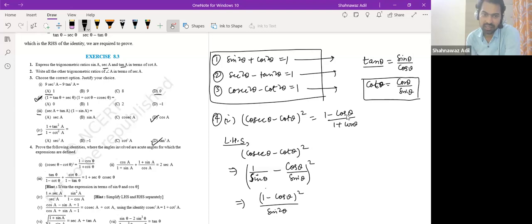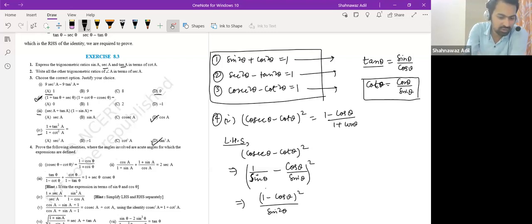Fractions, but what is the trigonometric function that we have in the right hand side? Only cos theta, right? But in the left hand side, we have this cos theta and this sine square theta.